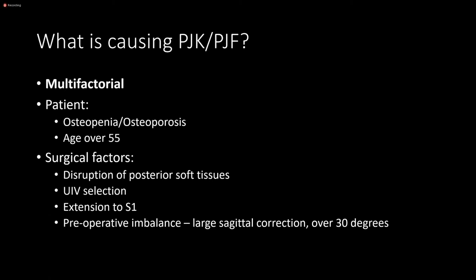And this is not a modifiable risk factor for us. And then the last one is the preoperative imbalance. If the patient has a large sagittal correction over 30 degrees, they belong to the high risk group for PJK, but if that's the main goal for the index procedure, I do not see how we can really change this part.